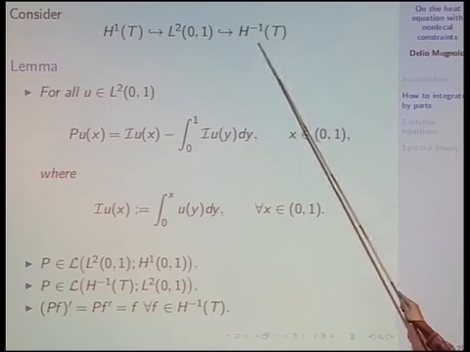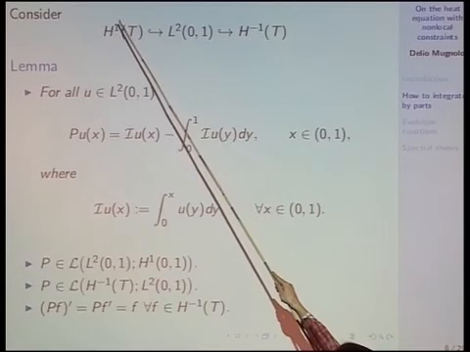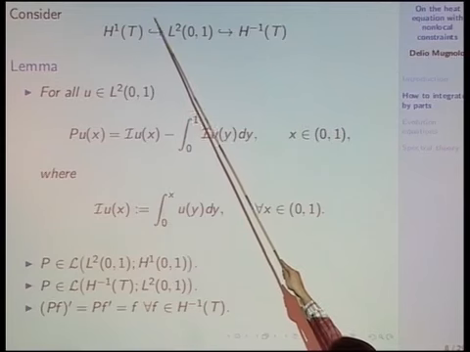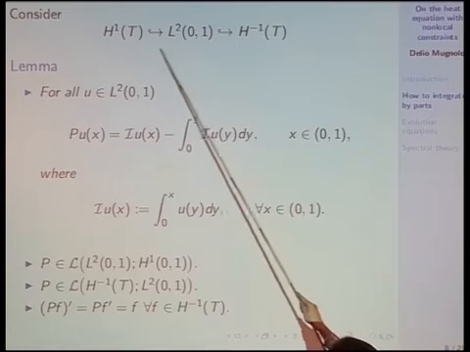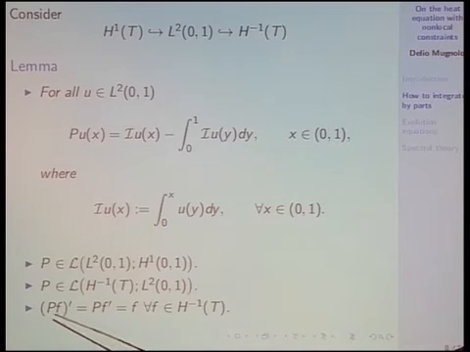So it maps this space into this one, and this space into H^1(0,1), which is a space larger than this one. But we will see that if we specify some further conditions, then you can even go to H^1(T). And this operator P is in some sense the inverse of the derivative, just as you would expect, of course, from a primitive operator.